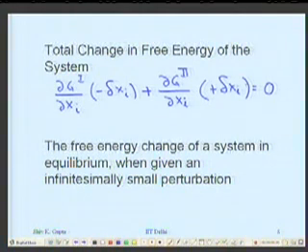The free energy change of a system in equilibrium under small perturbation must be 0.